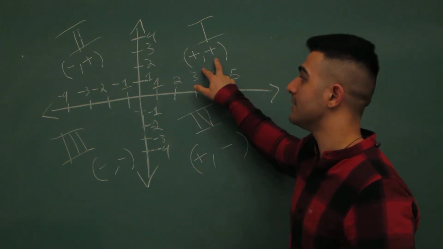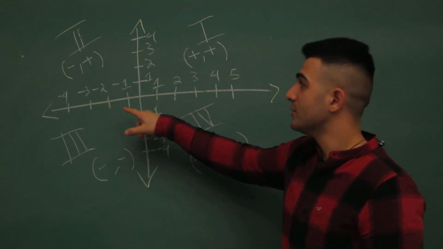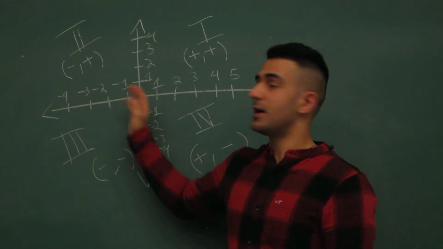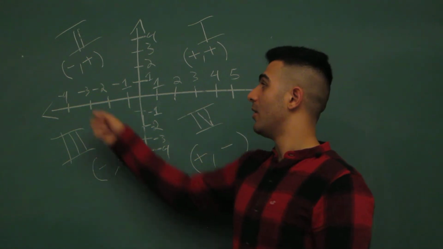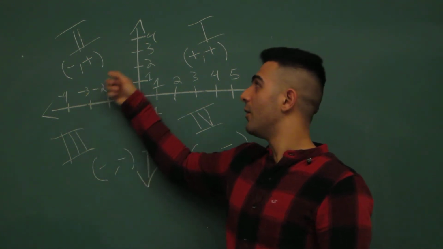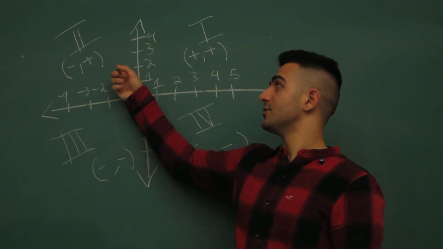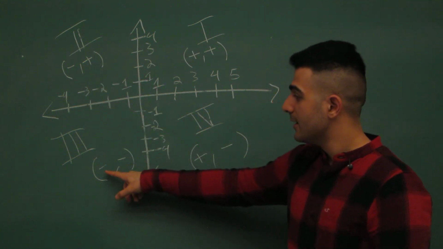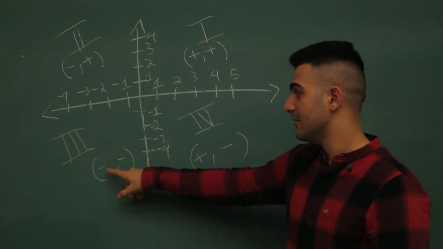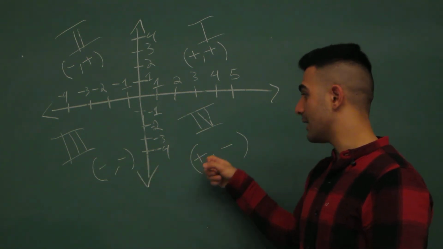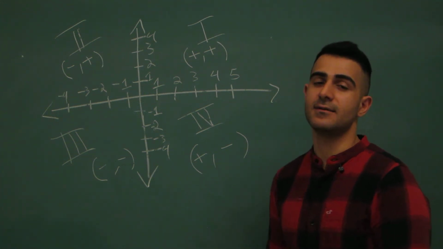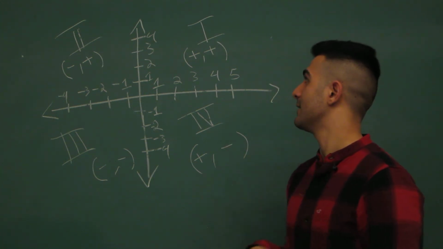They're both positive. For quadrant 2, the x value is negative because all the values that it could possibly take in quadrant 2 are negative x values, and all the values you can take on for quadrant 2 for the y value is positive. Continuing, quadrant 3 can only have negative values for x and y, and quadrant 4 can have a positive x value but has a negative y value.